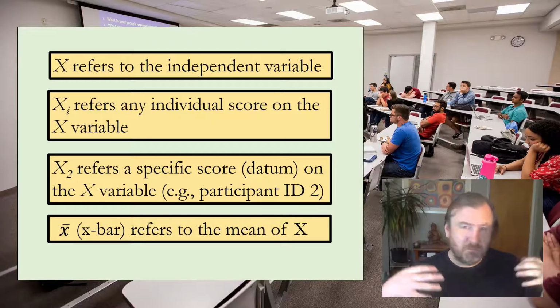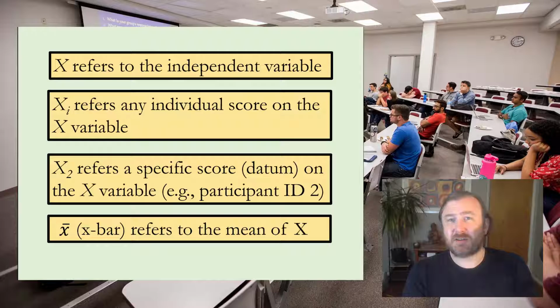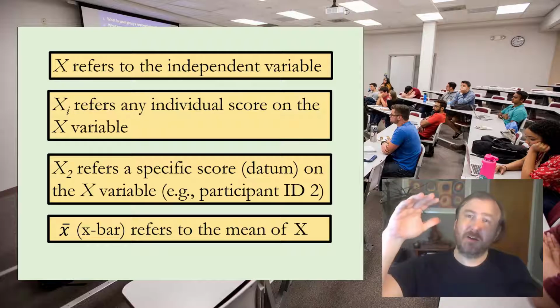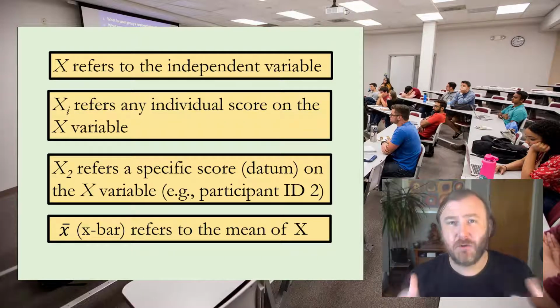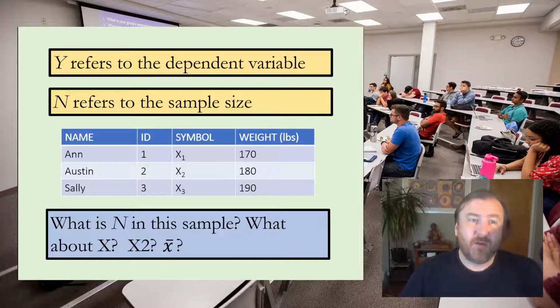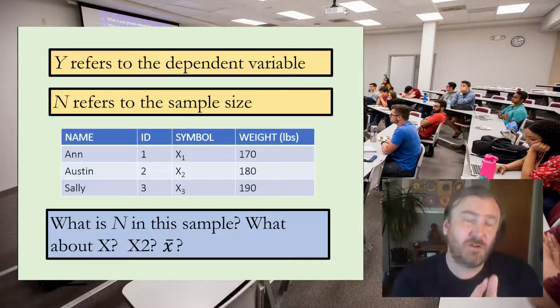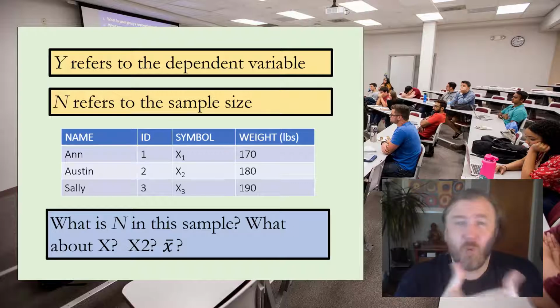So mean, average, you all are very well versed in how to compute an average. You add up the total of all the scores and divide by the total number of scores. When we want to refer to the dependent variable or the outcome, we use the notation of y.